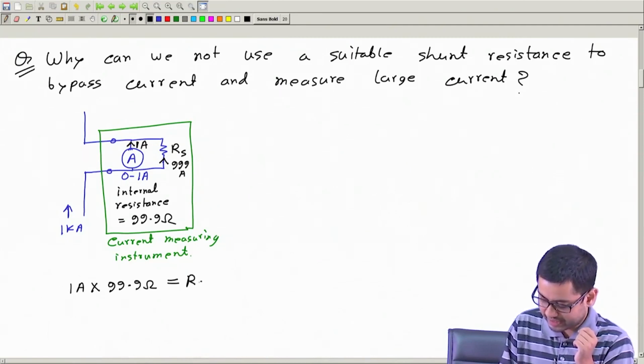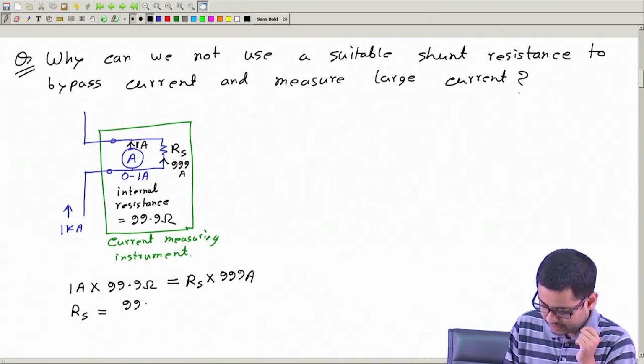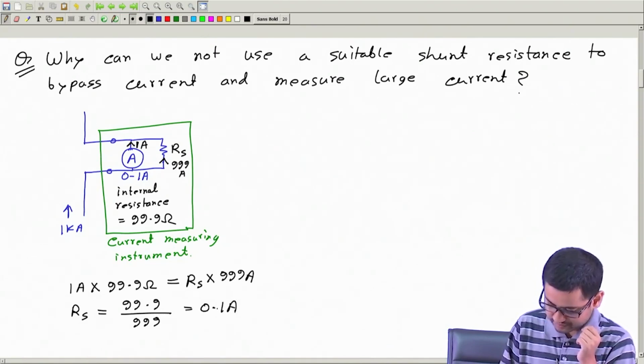So, we can write this as Rs multiplied by the current through Rs, which is 999 ampere. Then Rs will come out to be 99.9 divided by 999, so this is 0.1 ohm.